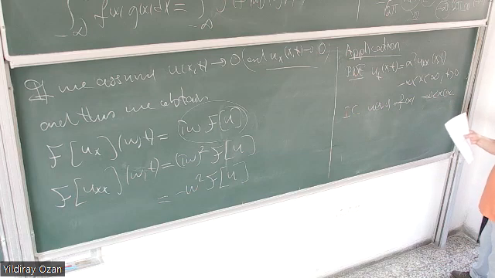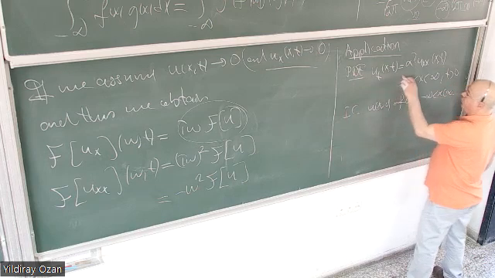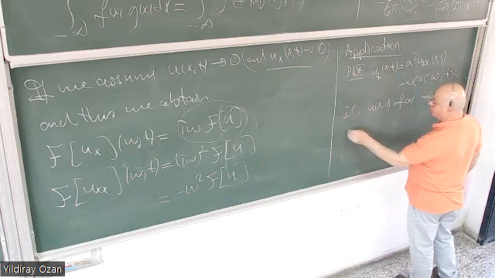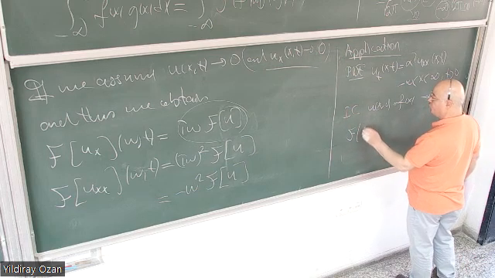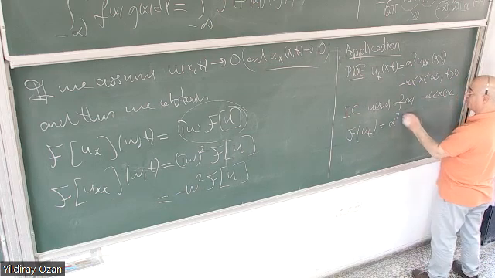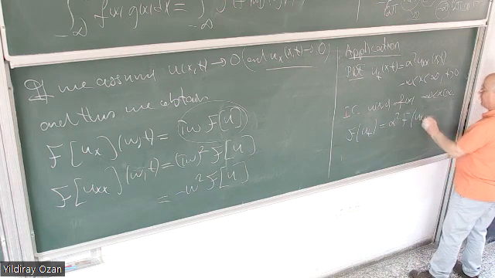O zaman işte şu olacak. Bu denklemin Fourier transformunu alırsam, if I just apply the Fourier transform to this equation, the Fourier transform of u_t is just alpha squared times the Fourier transform of u_xx.